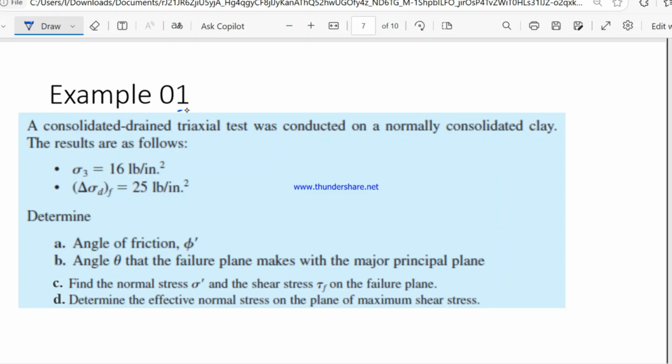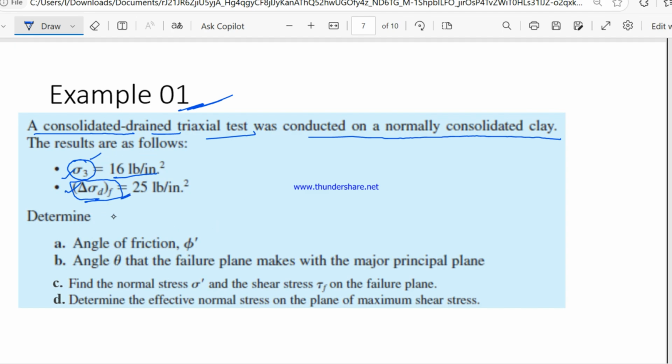Okay, let's solve this example 1. The question is: a consolidated drained triaxial test was conducted on a normally consolidated clay, and given that sigma 3 is 16 pounds per inch square, and the deviator stress is given. This is the deviator stress, and this is the minor principal stress.